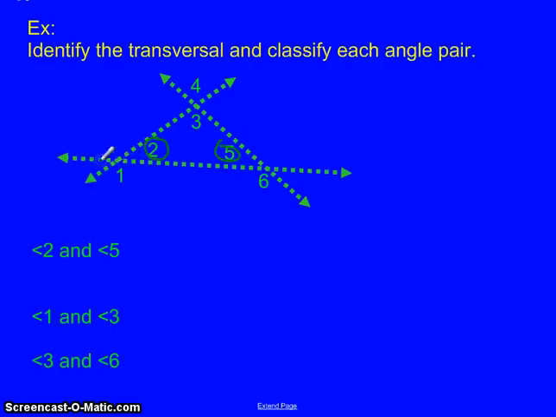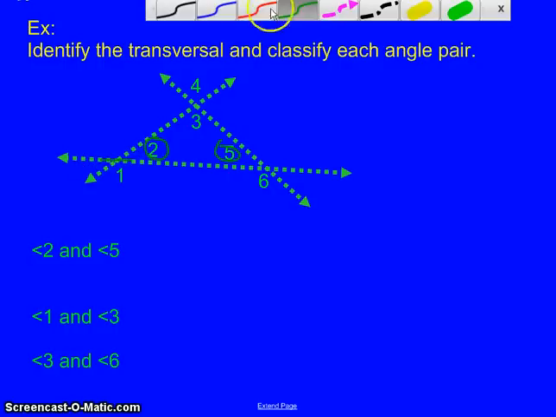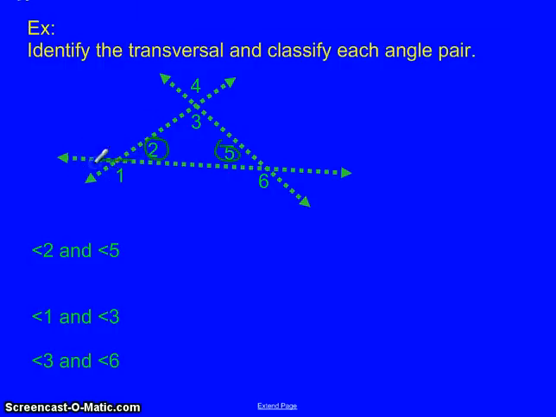So I'm going to think that this one here, I'm going to mark in red so we can see it, would be our transversal. And let's just call that L so that we can name it. So L is the transversal, and then those would be the same side and on the inside. So we're going to say same side interior angles.